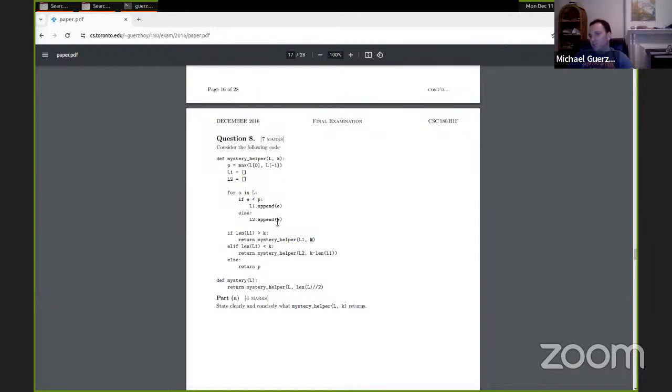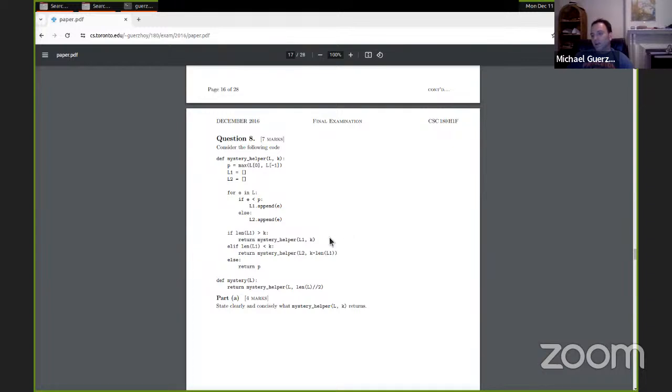Well, it would happen if K is very large, right? So if K is very large, you always do this. Sorry, K is very small, actually. So if K is very small, you just always do this, right?